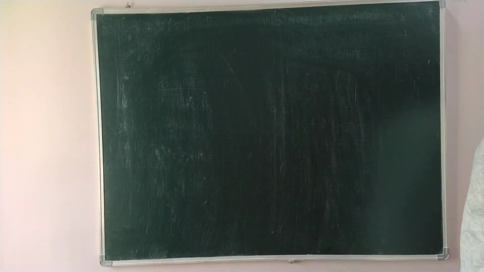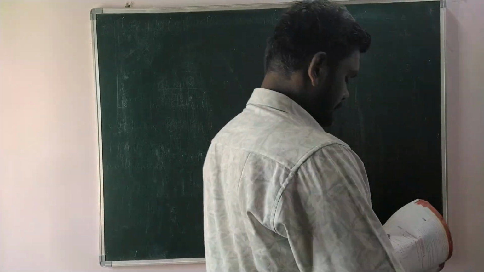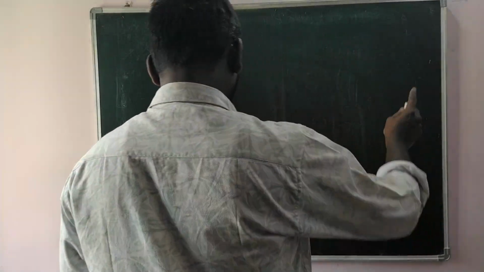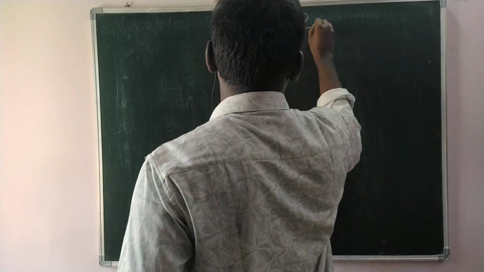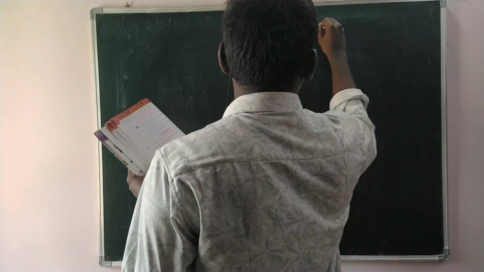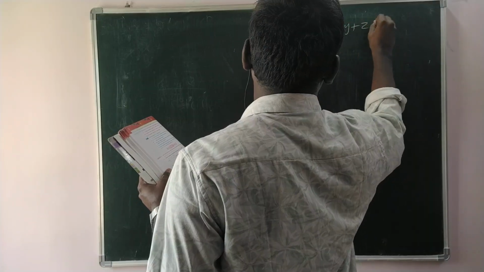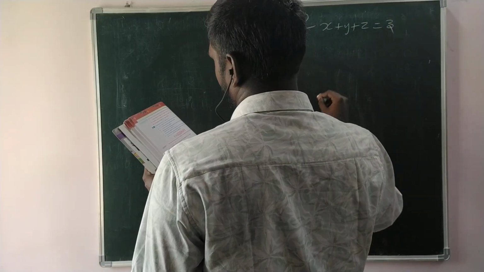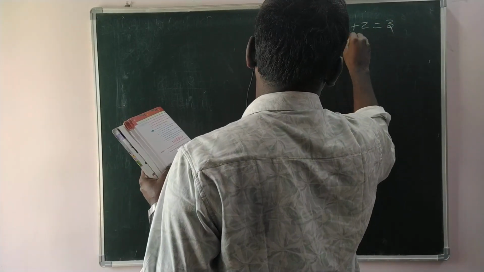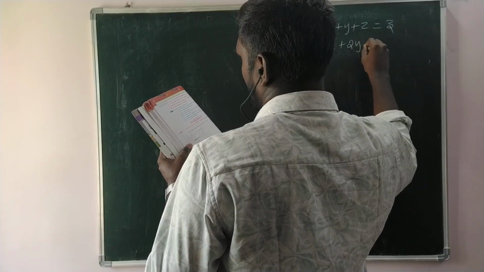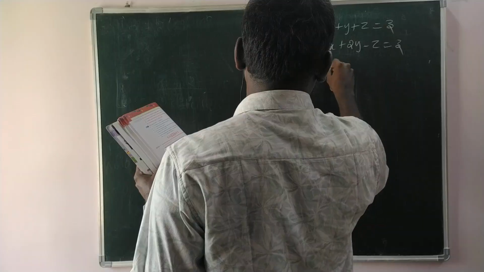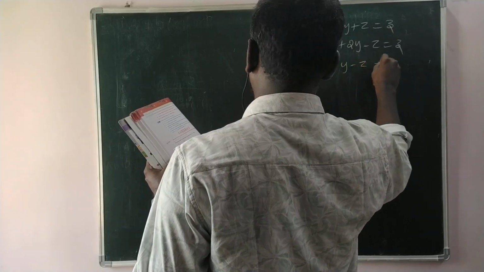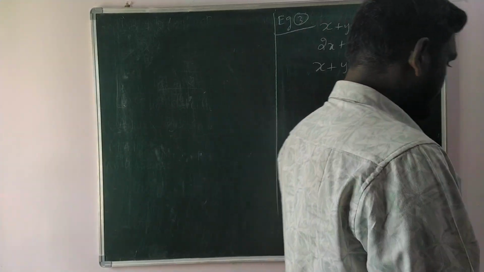Okay, next one. See the equation, x plus y plus z is equal to 3, and 2x plus 2y minus z is equal to 3. x plus y minus z is equal to 1.